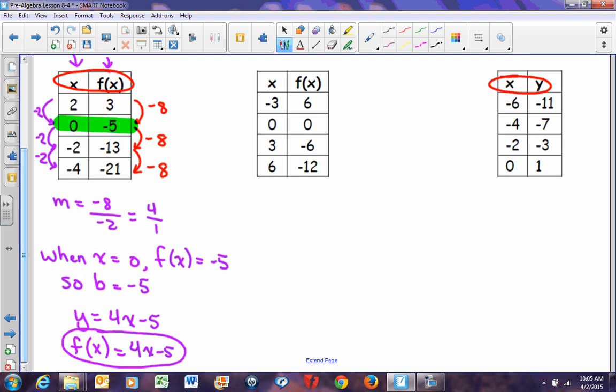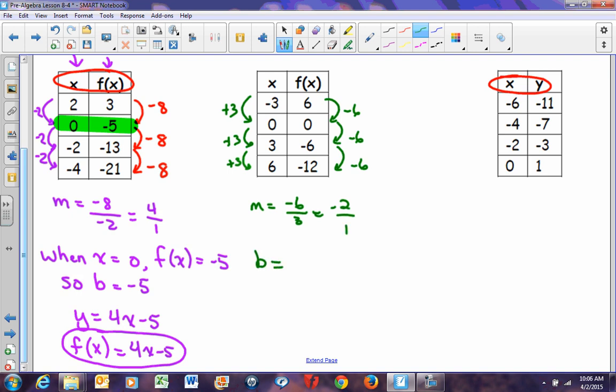Okay? Do the same thing with every other table. You look at the change of the y, or the f of x, and then the change in the x. So here I'm going down 6, down 6, down 6. Here I'm going up 3, up 3, up 3. So my change is -6 over 3, which happens to be -2 over 1.